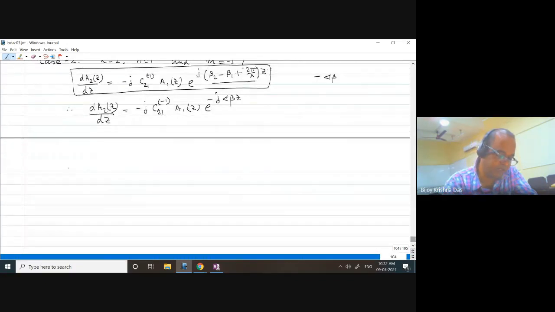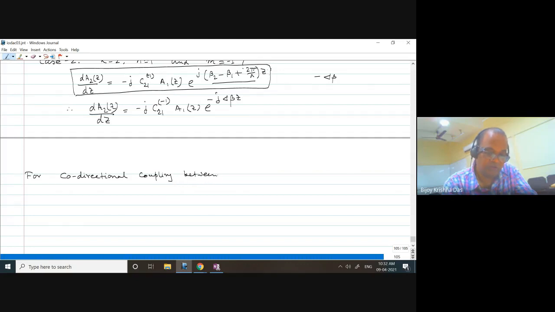So for co-directional coupling between two modes, so-called modes 1 and 2, we can write dA1(z)/dz equal to minus j times C1, I am writing 1 for m equal to 1, and then A2(z) e to the power j delta beta z.